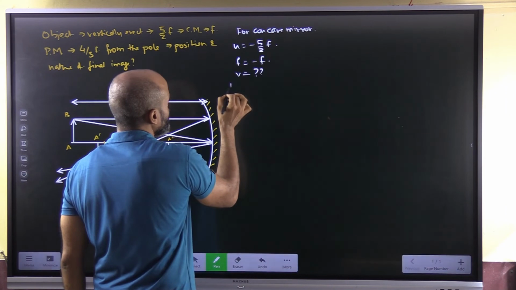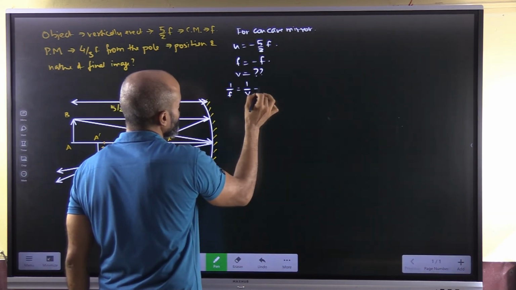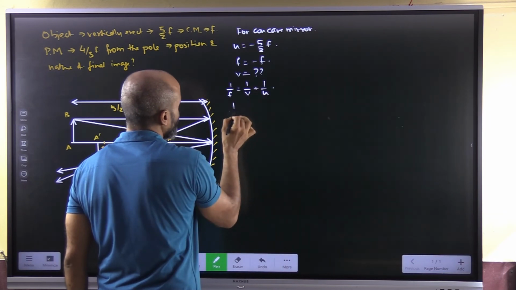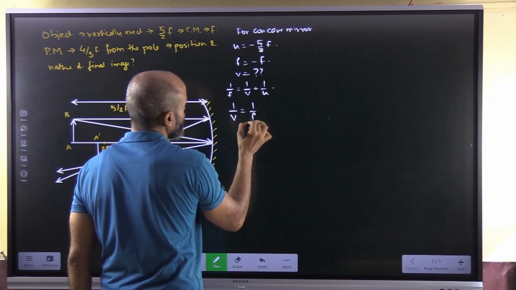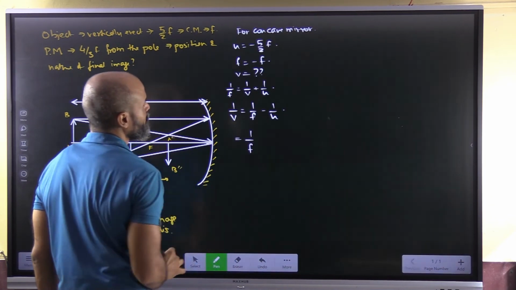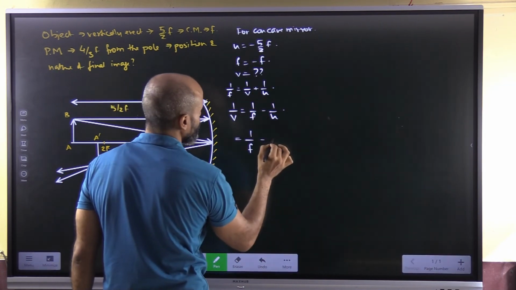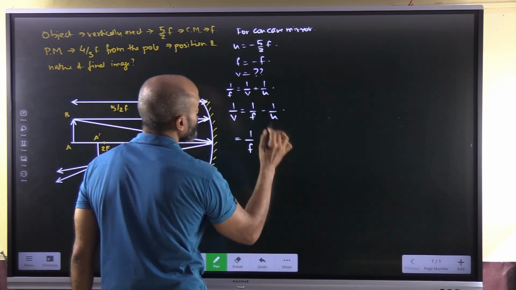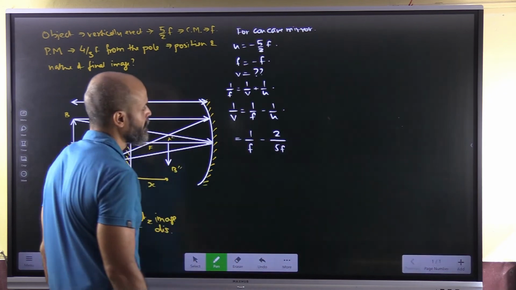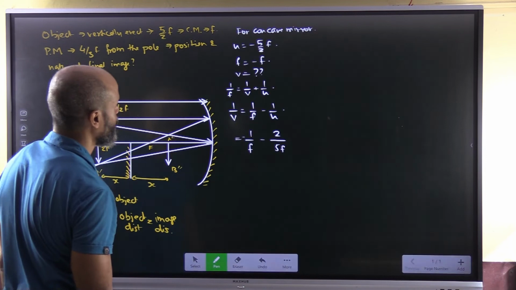If I calculate, 1/f is equal to 1/v plus 1/u. So 1/v will make 1/f minus 1/u. So this is 1/f. What is the value of u here? If I do a u here, this will be 5f, and this 2 will go up, and obviously this will be minus f. I am so sorry, this will be minus f.